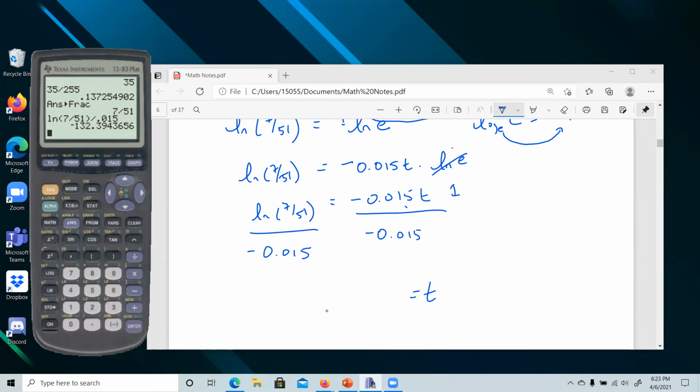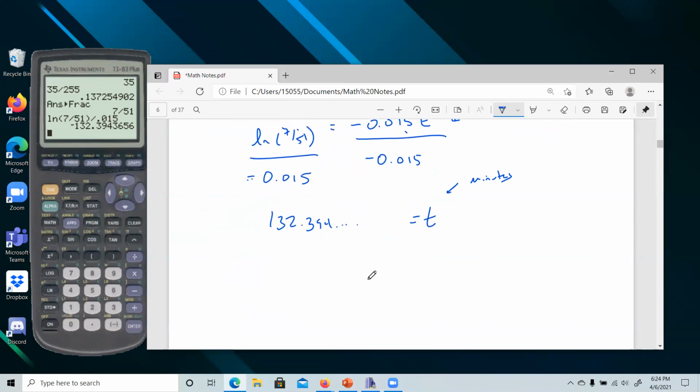Oh, okay, that makes sense. It's not negative because this one's negative and this one's negative, so it's going to be positive. We have 132.394 and some change. So remember, t was in minutes. After about two hours for the pie to cool is about the time it's good enough to cut. Should make reasonable sense.